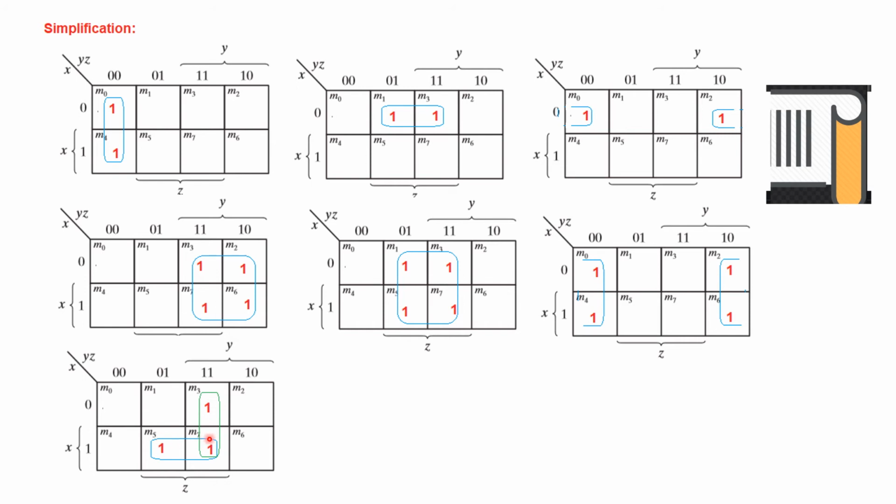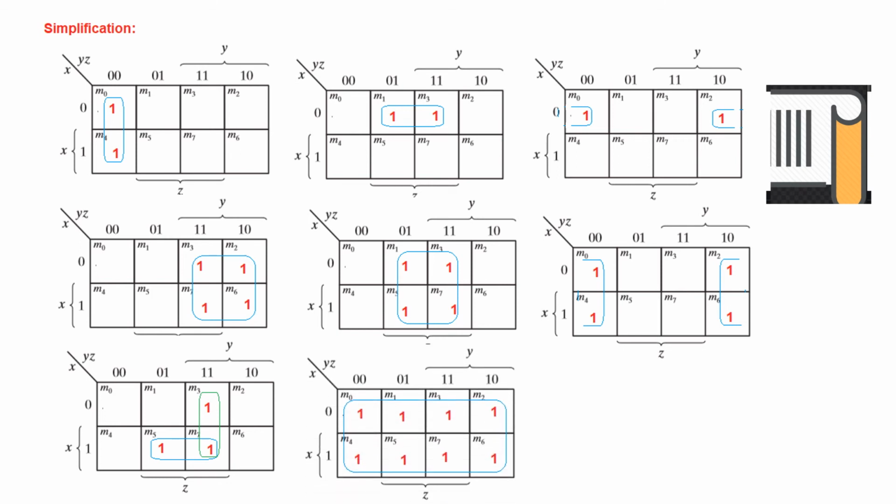So this is one pair, and instead of leaving this alone, it is better that we share this with the other one, although it is already being shared here. So this will also help in minimizing. And then the best is that if you can share all of them, that is the best option.